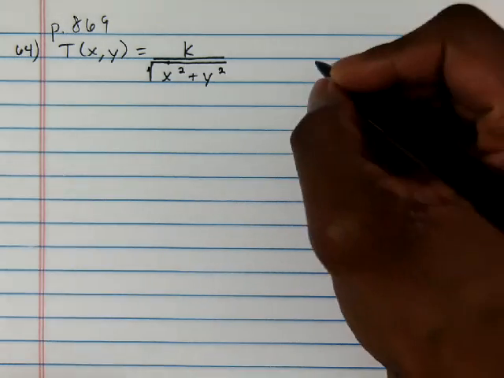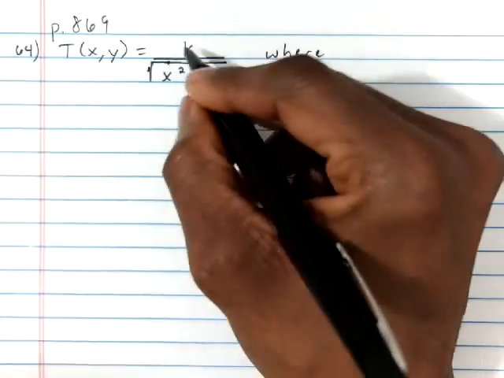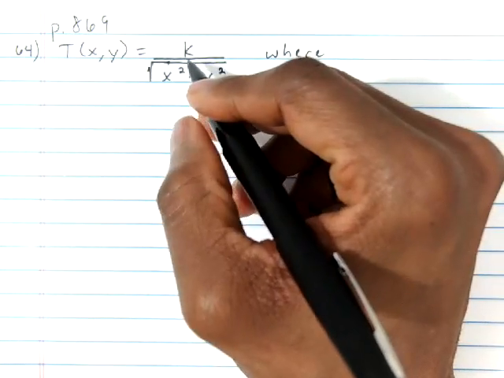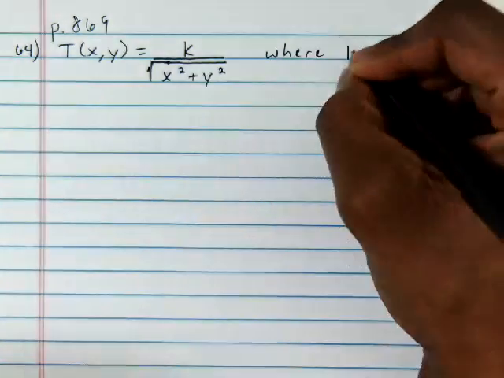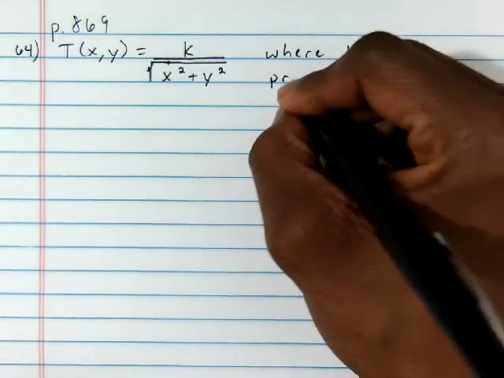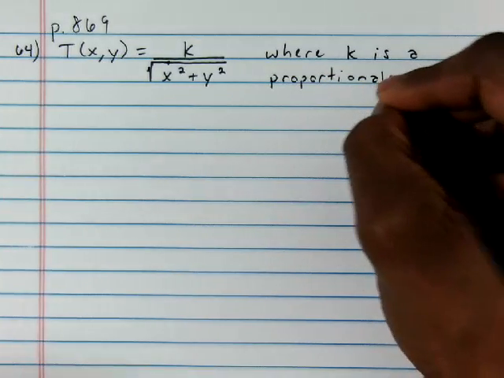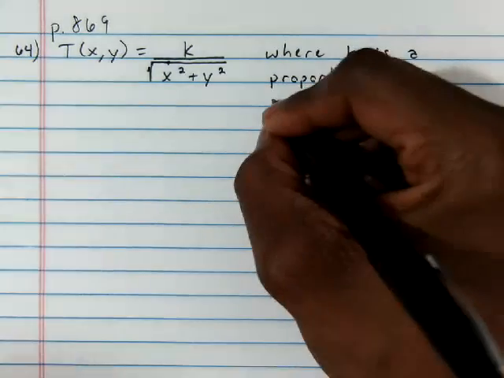So k is not a value that we're going to find. Our answer is going to be in terms of k, where k is a proportionality constant.